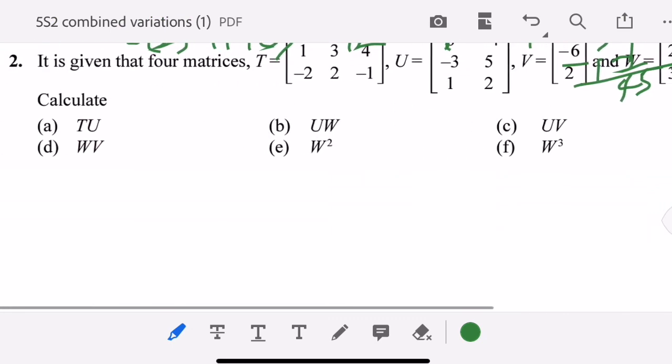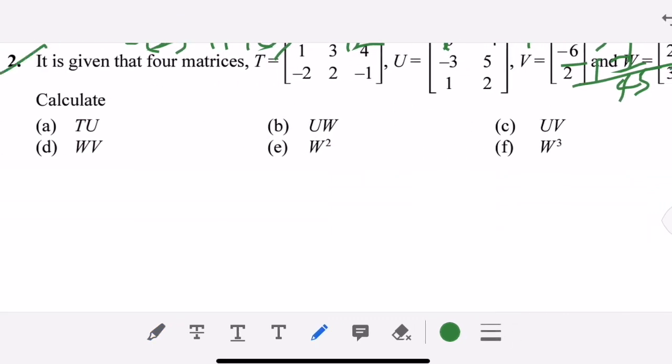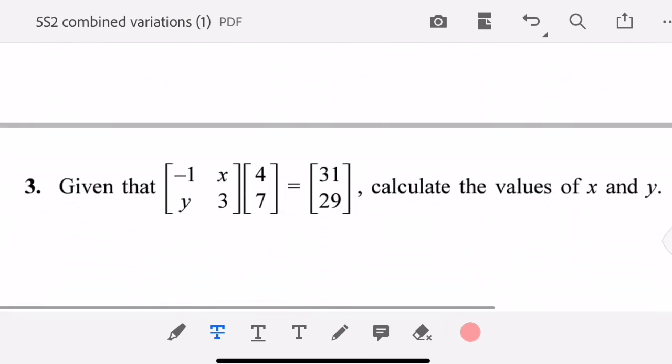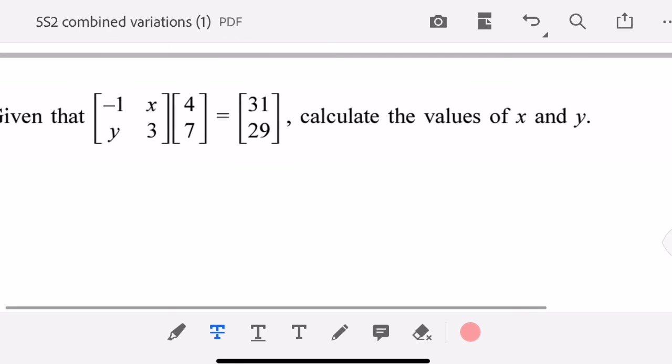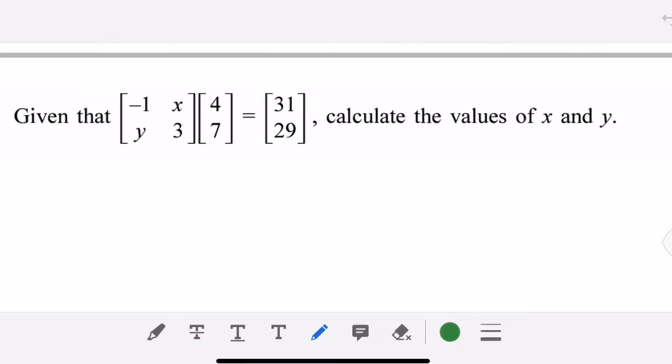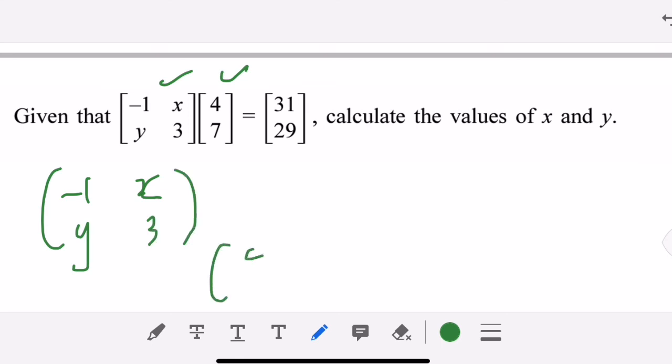So please complete this exercise number 2, and also exercise number 3. Let me show you how to do it. We are going to multiply these two matrices. Let's write -1, x, y, 3, and we lower the matrix for the second matrix.